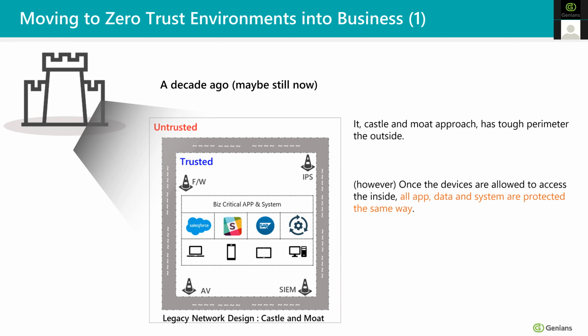However, once devices are inside, they can access every application, data and system, which means that they are all protected the same way. And what is worse, there is no restriction and no priority for accessing these applications. As you know, this approach is very vulnerable in terms of security.